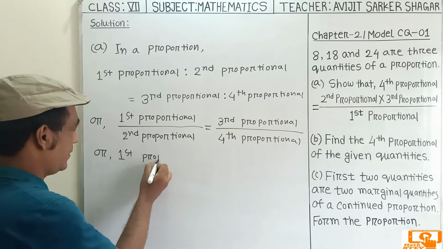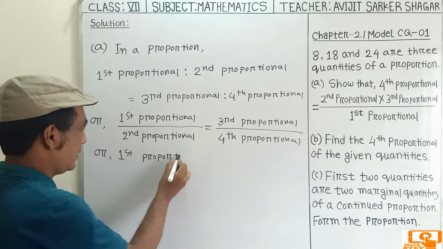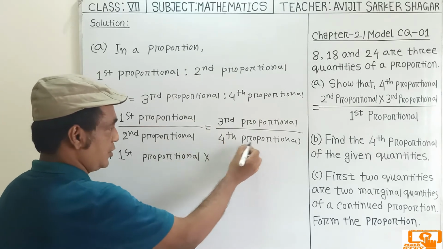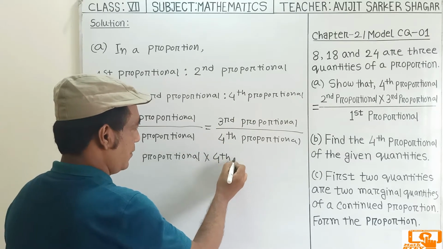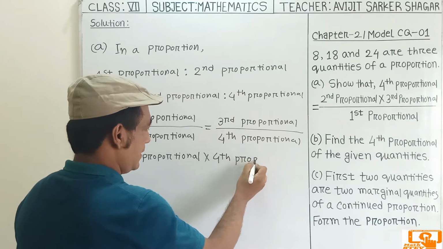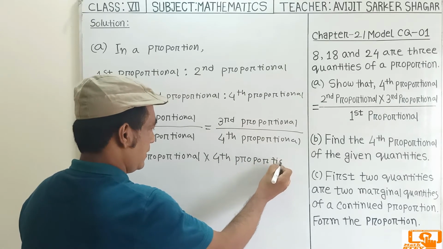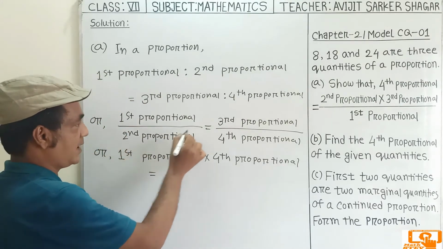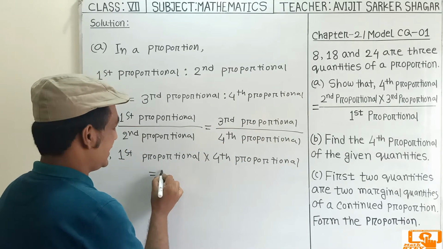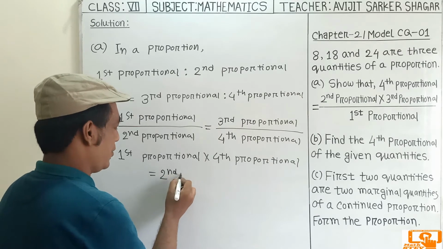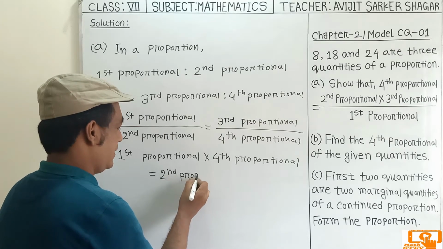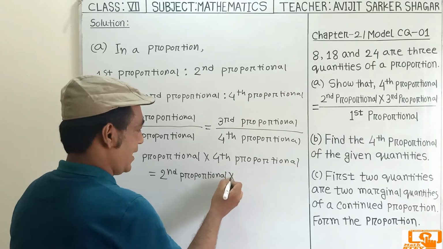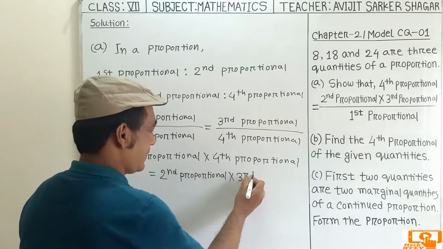By cross multiplication we get first proportional multiplied by fourth proportional equals second proportional multiplied by third proportional.